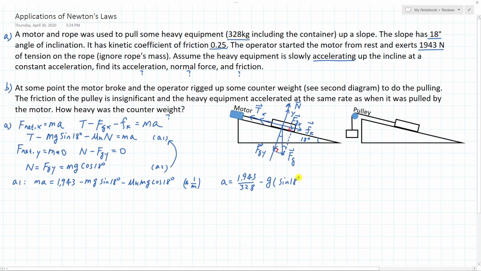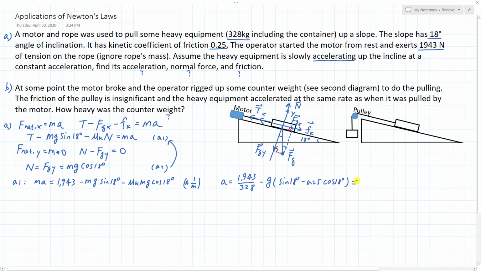Sine 18 degrees minus mu k, which is 0.25, times cosine 18 degrees. Okay, so this way is more compact than what we could have done by plugging numbers directly into these variables. This is better. It reduces calculations.